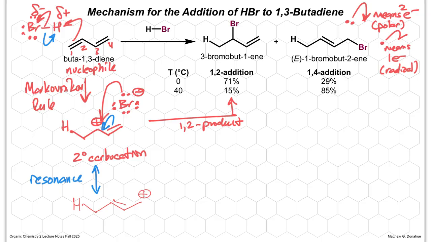So notice within that 3-atom system, the plus charge moved from, say, position 1 over to the end, position 3. Now, if we classify that, it's still a carbocation. What type of carbocation is it? It's primary.